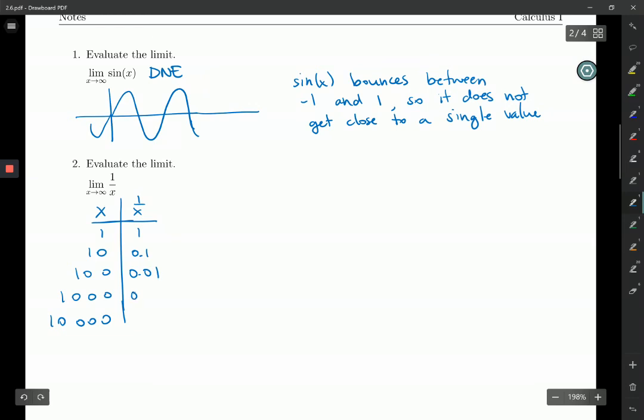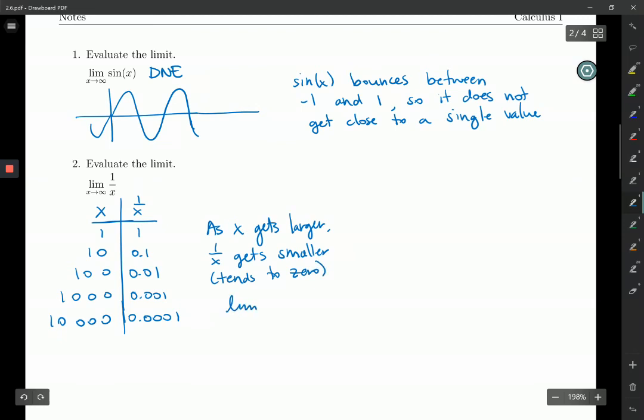So we get 0.01 and then 0.001, 0.0001, and we can see that this is getting progressively smaller as we take larger numbers, right? So as x gets larger, 1 over x gets smaller, meaning closer to 0. So this tends to 0. So we can write the limit as x goes to infinity of 1 over x equals 0.